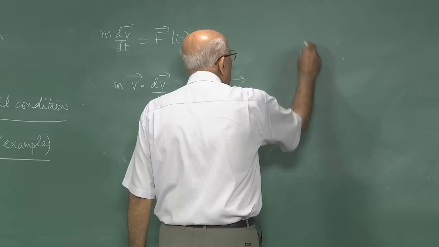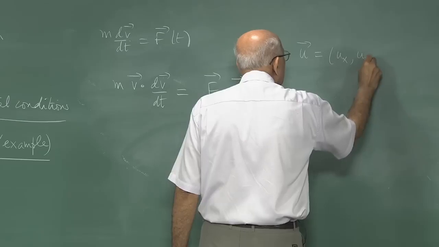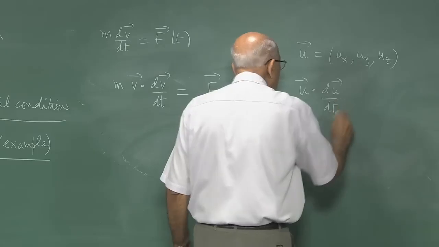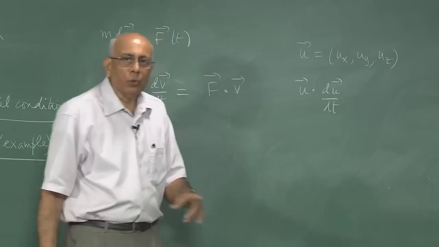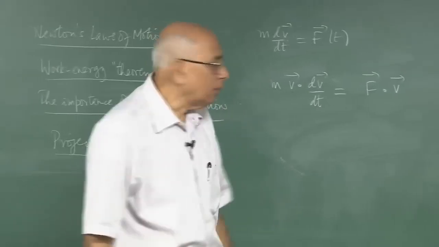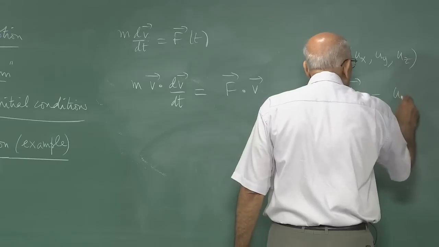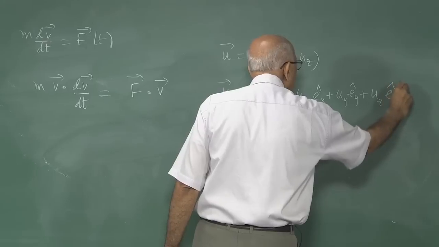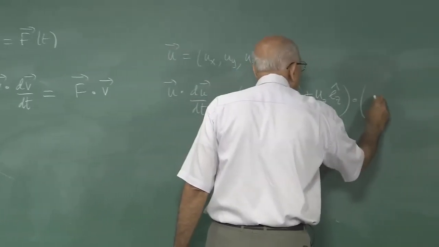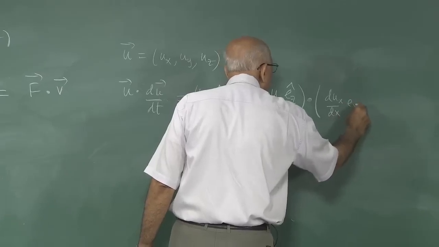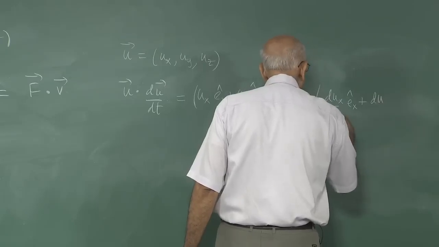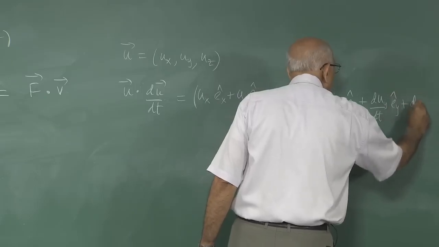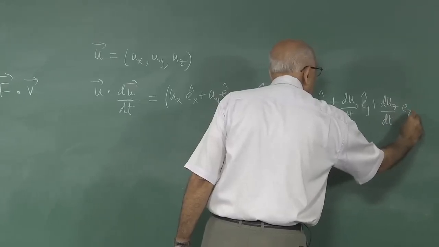If you give me any vector u and you write it in Cartesian components as ux, uy, uz, then u dot du over dt, if u is a function of time, in other words its components change with time, then if I write this out in Cartesian components, this is ux ex plus uy ey plus uz ez, and that is dotted with dux over dt ex plus duy over dt ey plus duz over dt ez.